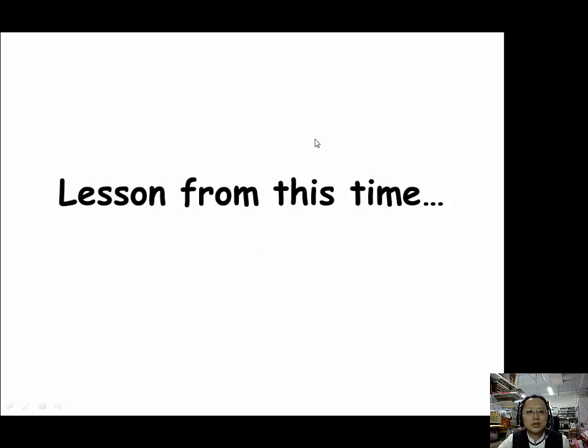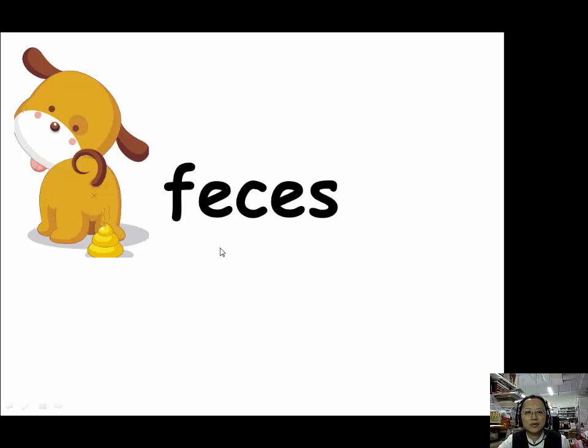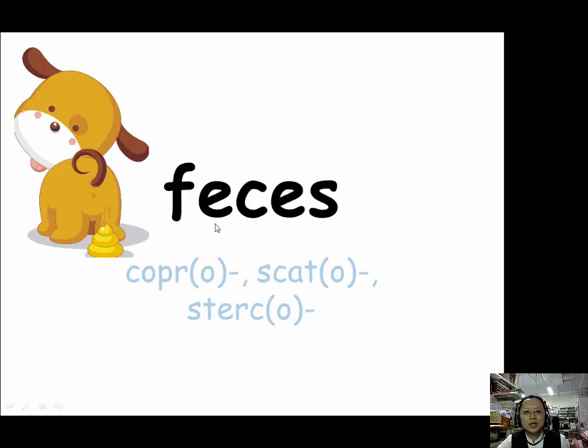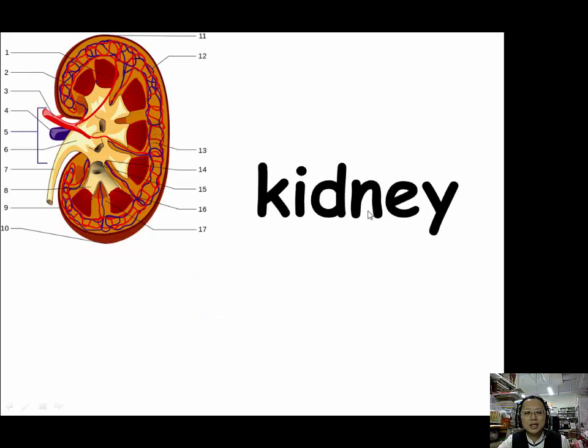Now we finished lesson 12. Let's review what we learned for the second part of lesson 12. For feces, we have three prefixes, copro, scato, and sterco. For kidney, we have two prefixes, nephro and reno.